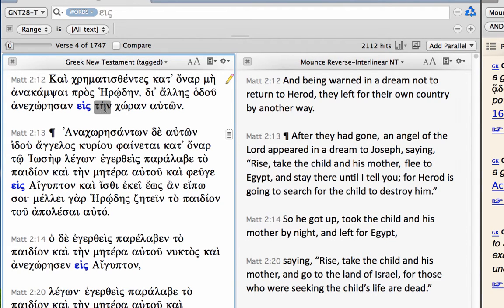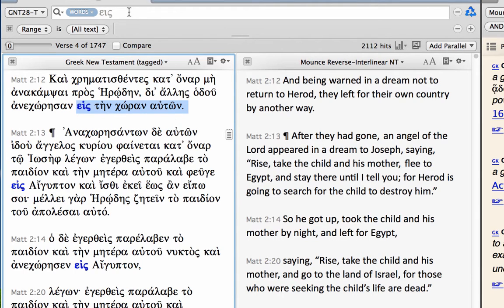So a little bit of flexibility. But anyway, this is your entire prepositional phrase, into the country, their own, into their own land. They left for their own land. So it's a good example of flexibility of the meaning of the preposition, and that the prepositional phrase includes the modifiers of its object. Okay?